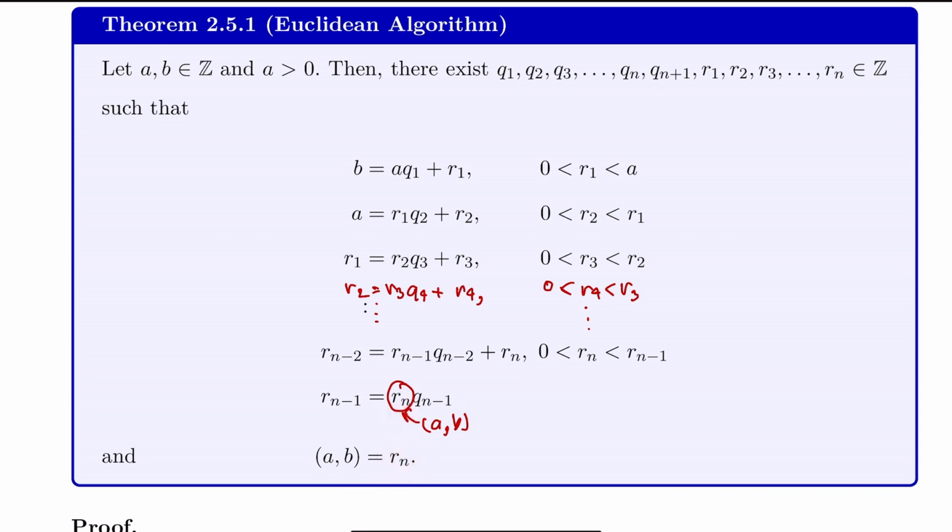So we start by dividing B by A, and we have a remainder, and we use the remainder to divide the divisor, and use the new remainder to divide the previous divisor, and so on all the way to the last one that has the remainder of 0. Once you have the remainder of 0, the divisor that divides the previous divisor is the greatest common divisor of A and B.